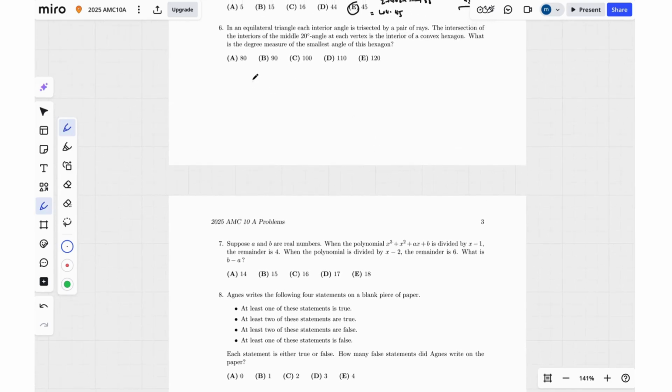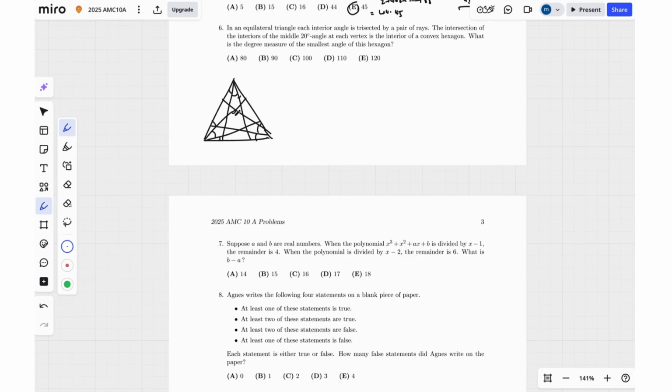Here, we just need a really good diagram. So let's see. All right, so here, we know that each of these angles are 20 degrees.